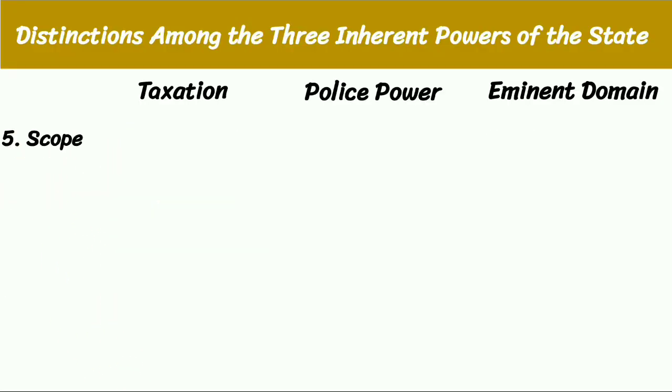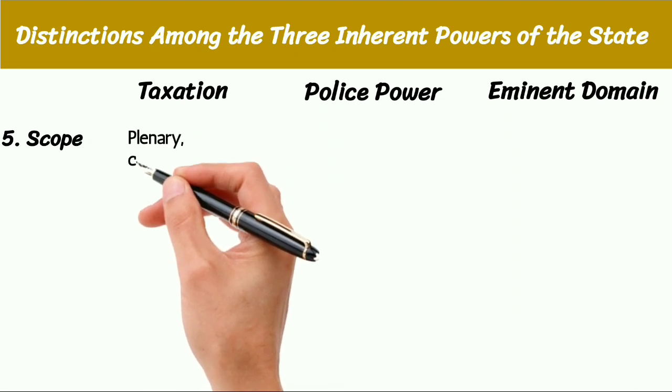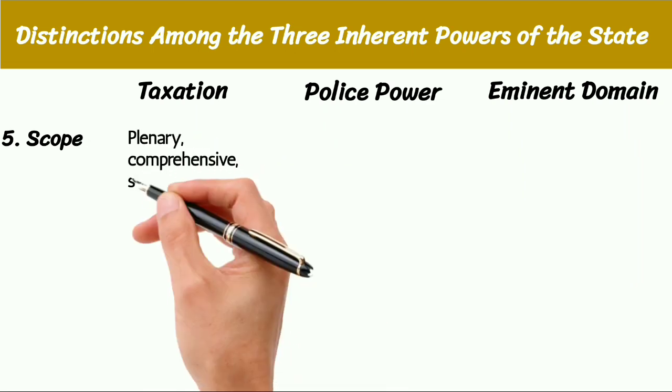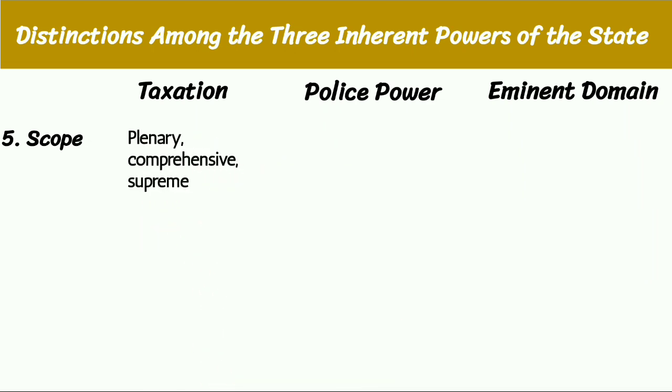Sa taxation, ang scope ay plenary, comprehensive at supreme. Kapag sinabing plenary, kompleto. Kapag sinabing comprehensive, sakop niya lahat. It covers persons, businesses, activities, professions, rights, and privileges.